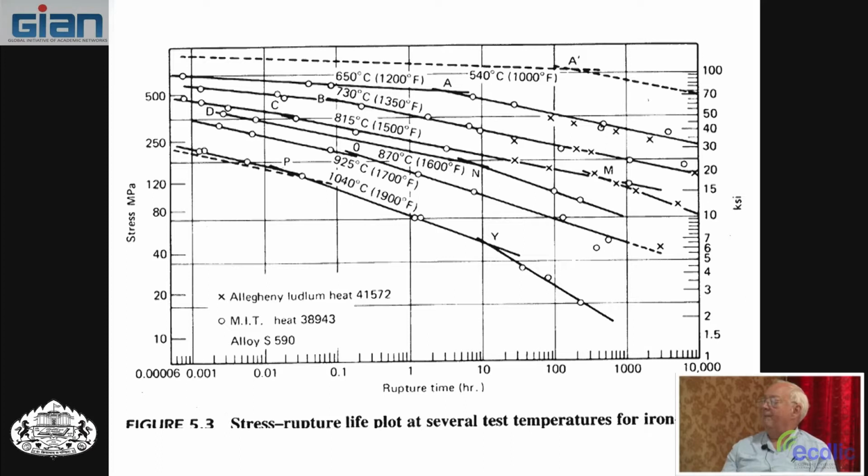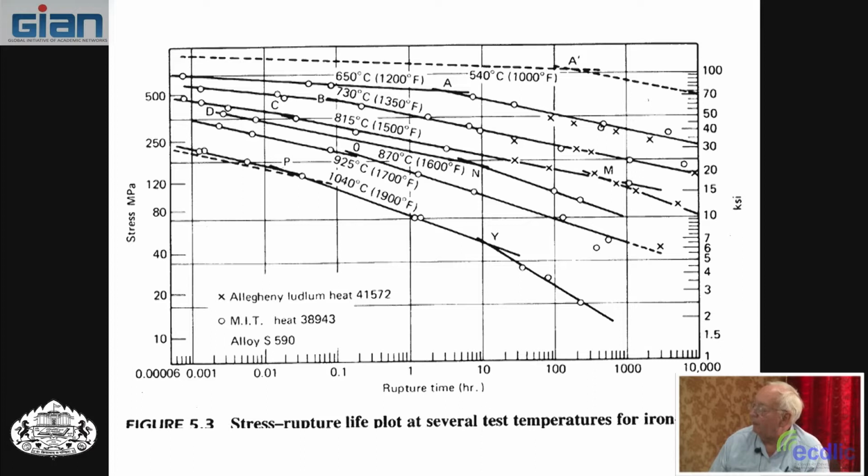Or at higher temperatures, for the same rupture time, you need a much lower stress. I don't know what the yield strength on this is. Didn't see that. Anyway, this is a log plot.